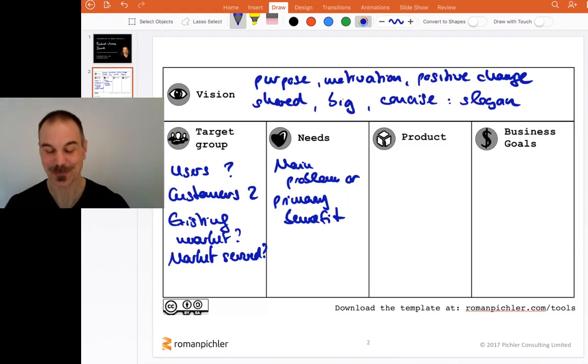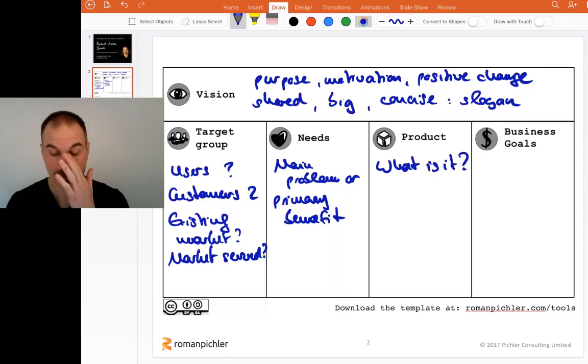Moving on to the product section. The product section is there to allow you to state what product it is. Is it a mobile app or is it a web app, for instance, that you want to provide?